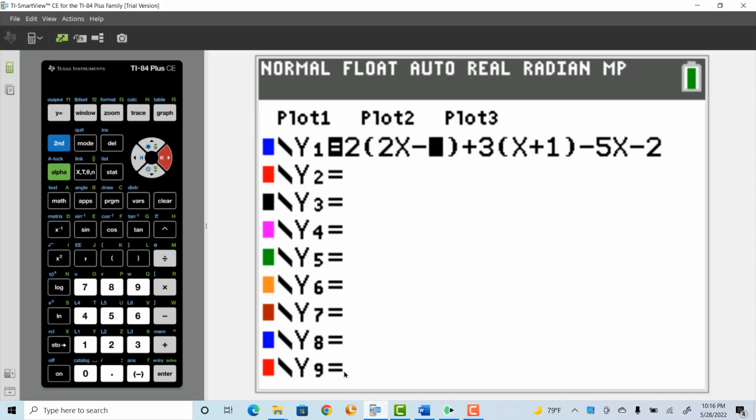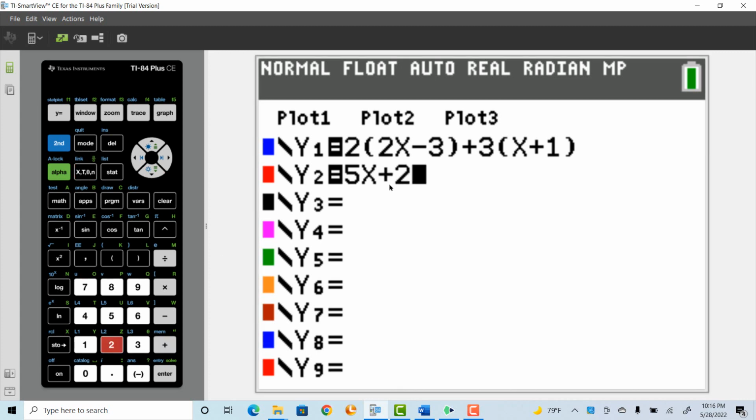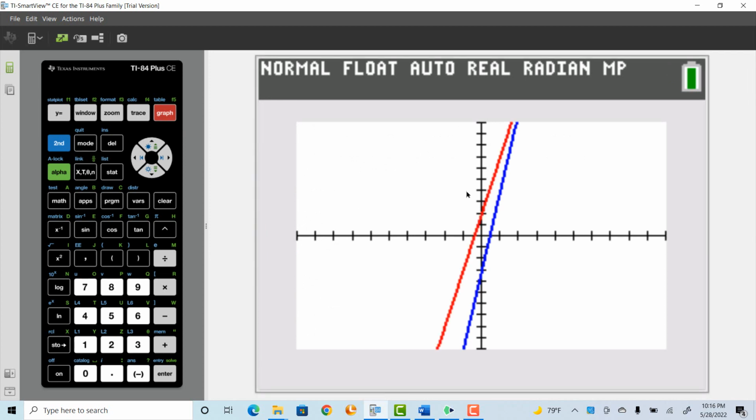So what we can do on our calculator is put the left side in y1, and put the right side, 5x plus 2, in y2. And we're going to look to see where they are equal or where they intersect.